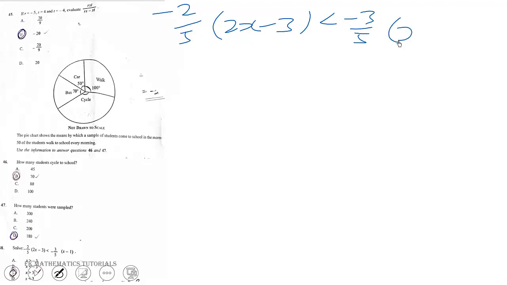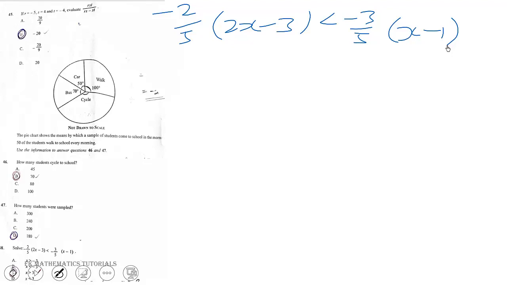So we have to solve negative 2 over 5 into 2x minus 3 is less than negative 3 over 5 into x minus 1. So what do we do now? We multiply through by negative 5 and reverse the inequality sign.